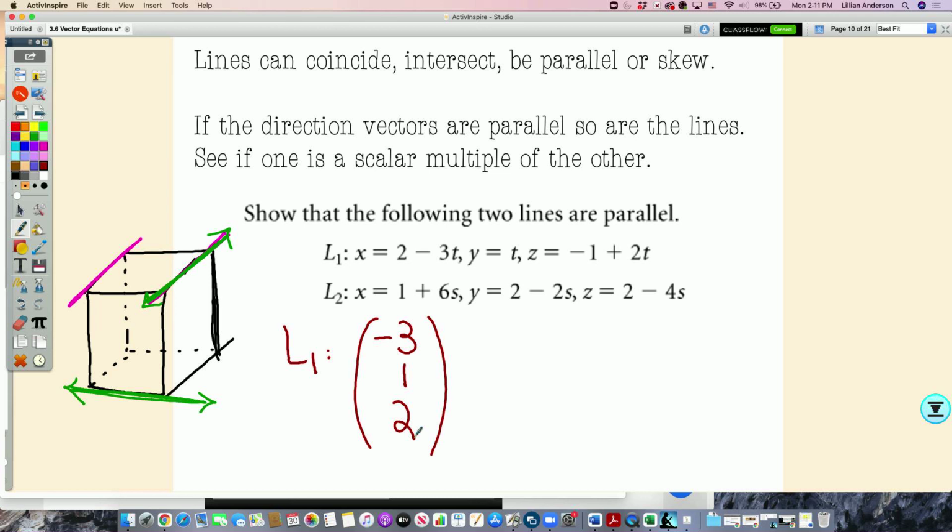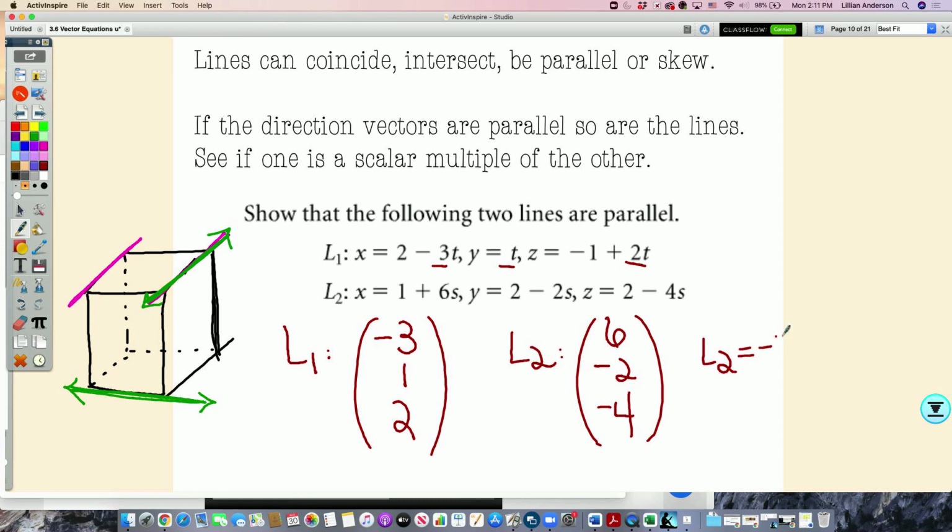Here it's t for the first one, it's s for the second one. So that'd be -3, +1, and then +2. What's the direction vector for L2? Are these two scalar multiples of each other? Yes. What's the scalar? -2. Okay, so L2 is -2 times L1, therefore they are parallel.